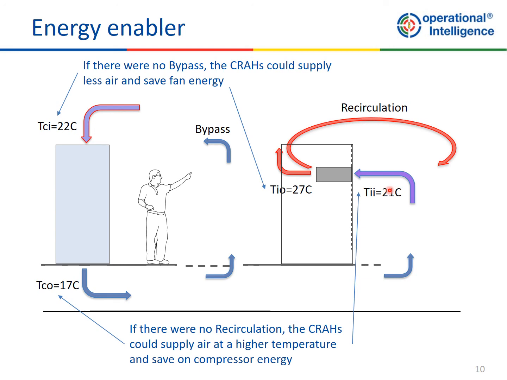And if I didn't have recirculation, I could supply at, say, 21 degrees rather than 17 degrees, and I could save energy on my compressors because I could have a much higher COP, or coefficient of performance, on my cooling system, and I could even have more hours of free cooling if I have a free cooling system. So recirculation is an enabler for saving energy on the cooling or refrigeration side.